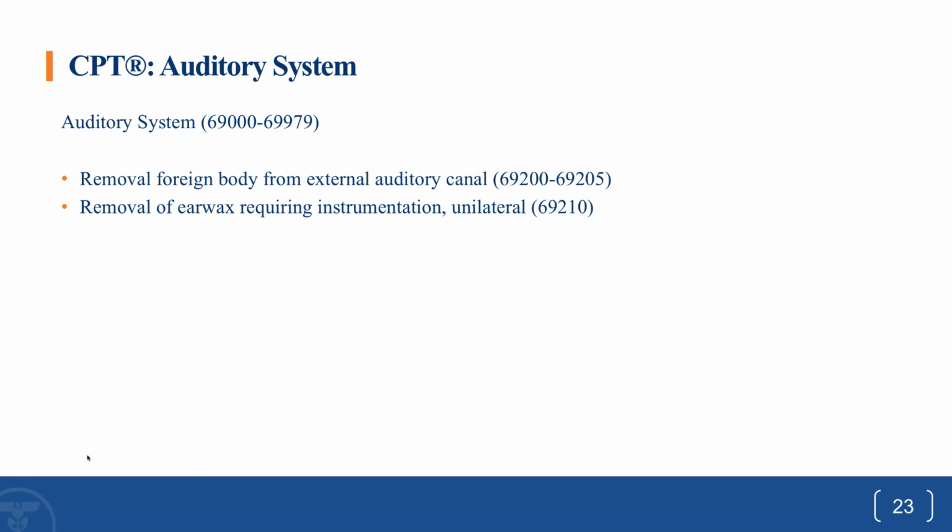And it tells you what I wanted to bring to your attention: the codes where 69990 is already part of. So remember, I said make sure you read and see if the operating microscope is already included in the description. Well, on this page, it actually tells you the codes in which it's already part of the description. It would be bundled into that CPT code that's listed above. All right.